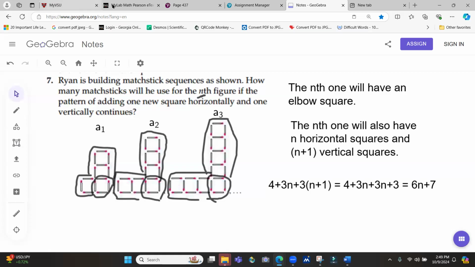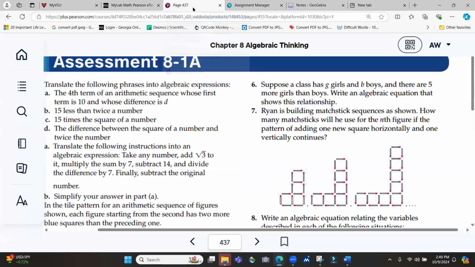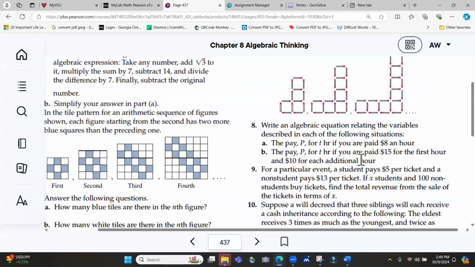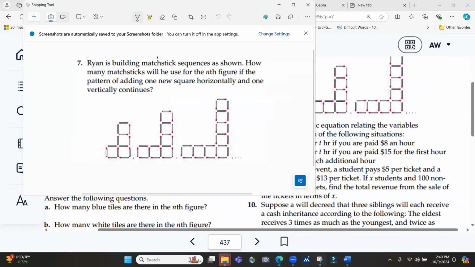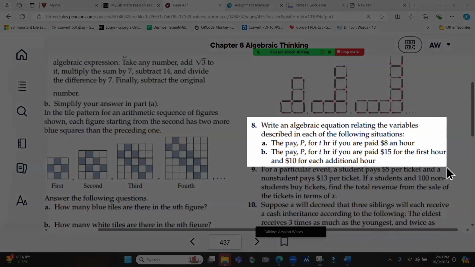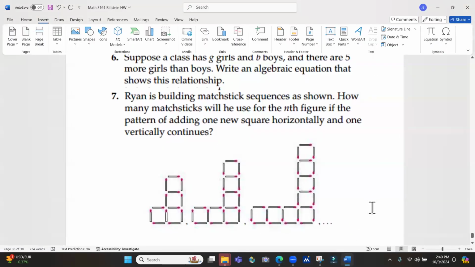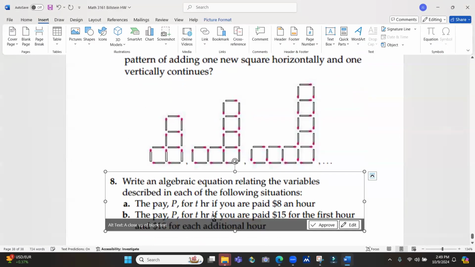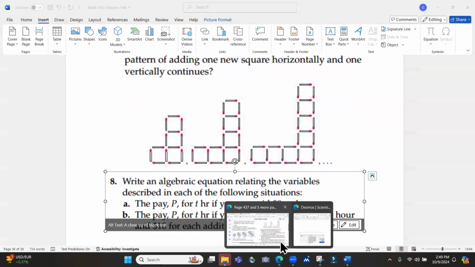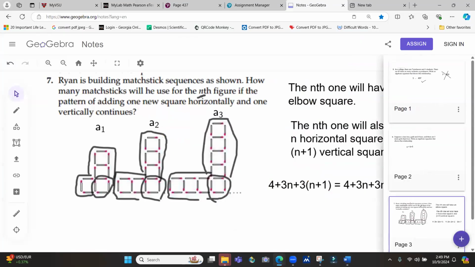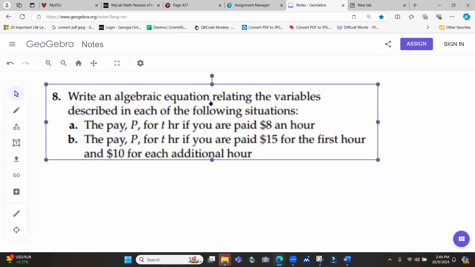Okay, let's see if we can look at the next problem. Okay, 8. This is number 8.